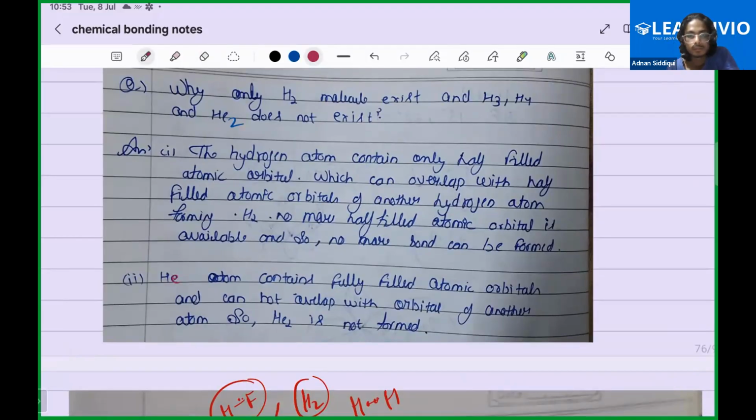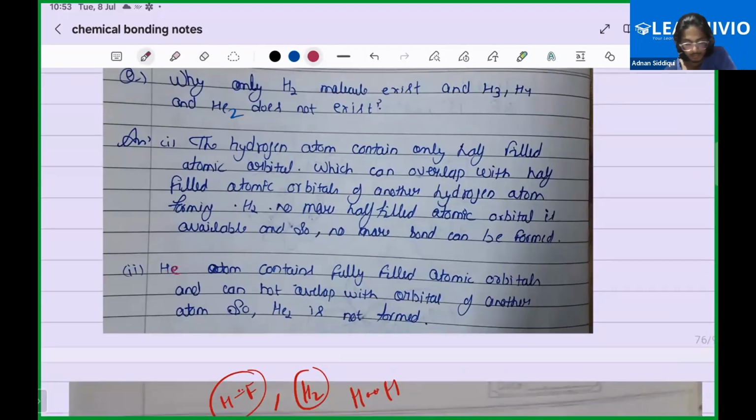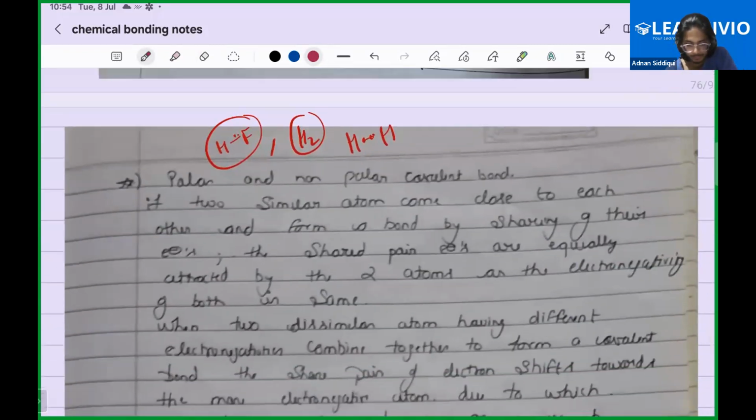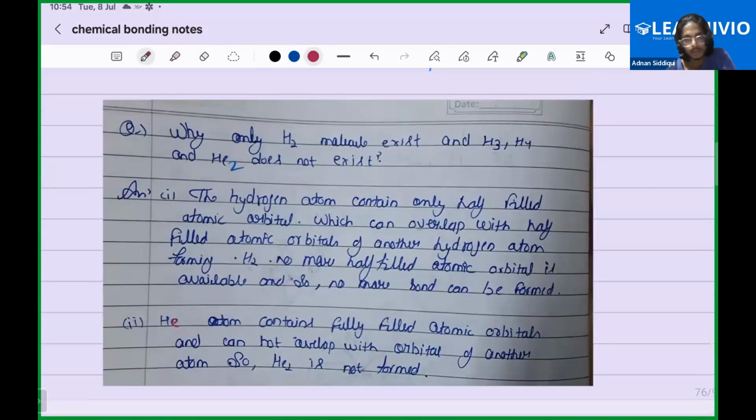Yeah, I understood. Let us move ahead. What I told you now is basically written here.